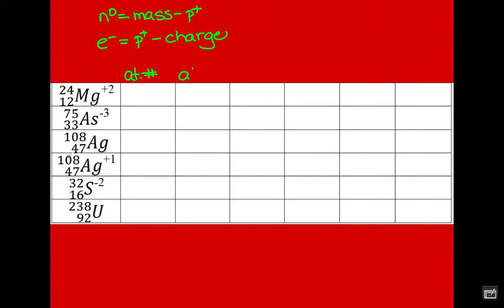Atomic number, atomic mass, our charge, protons, neutrons, and electrons. All right, so now you've got the lower half. And I'm going to fill it in.